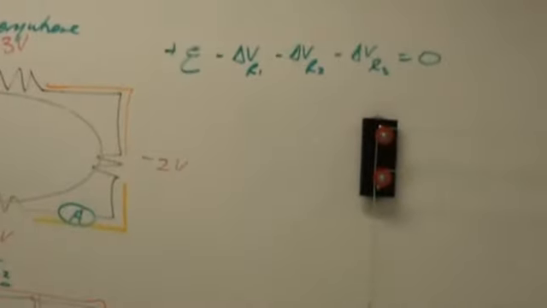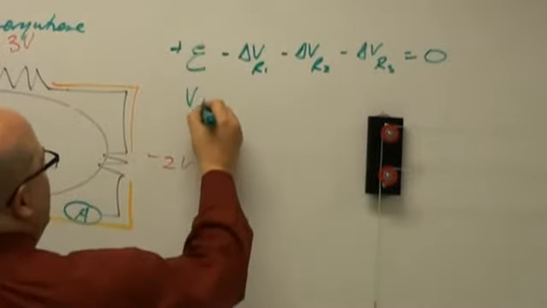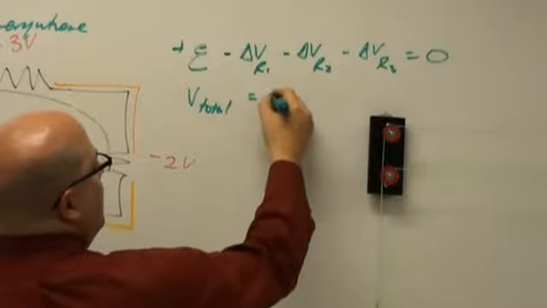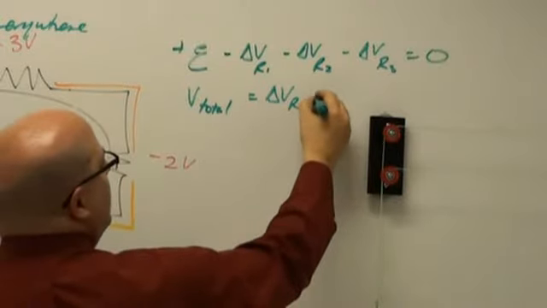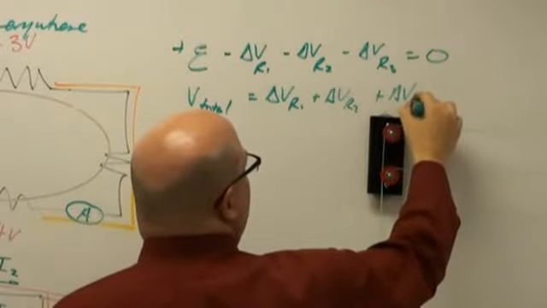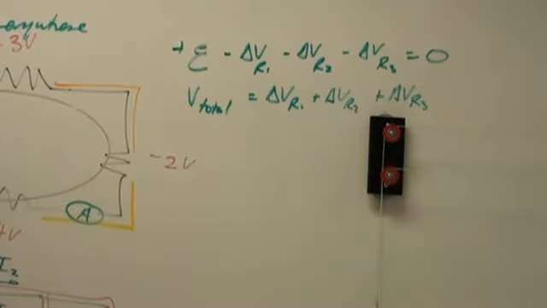We're going to rewrite that. We're going to say that the voltage total supplied to the circuit will equal the delta V for resistor 1 plus the delta V for resistor 2 plus the delta V for resistor 3, right? Is everybody okay with that? All right, now watch this. This is kind of fancy.